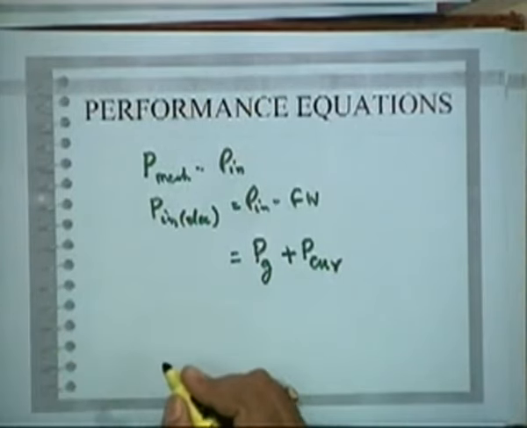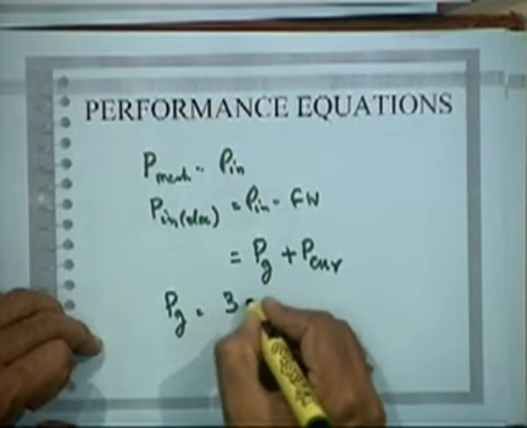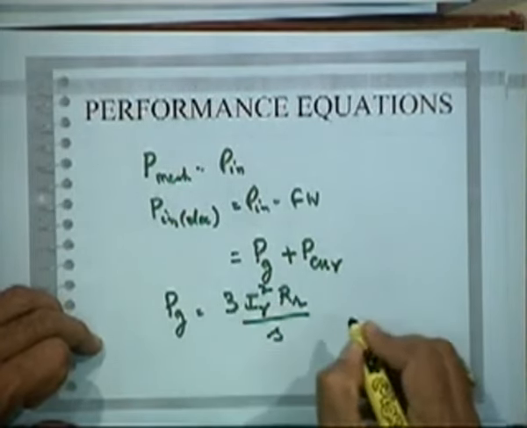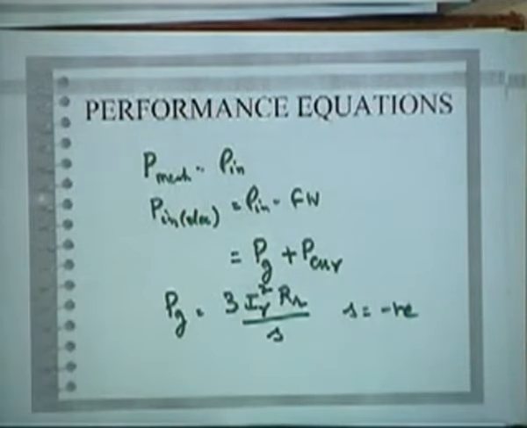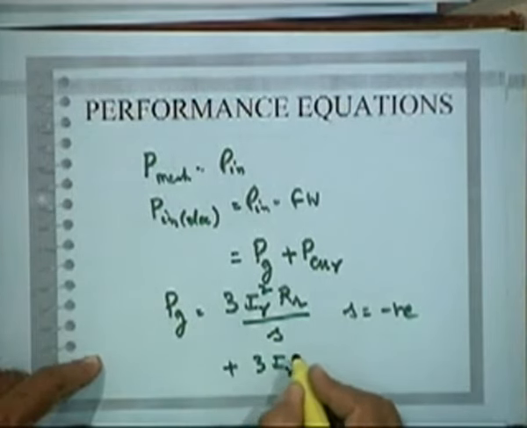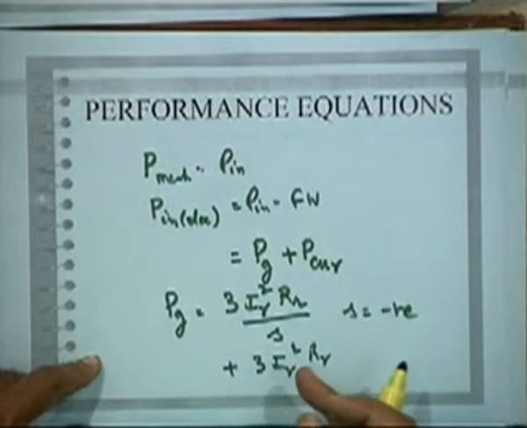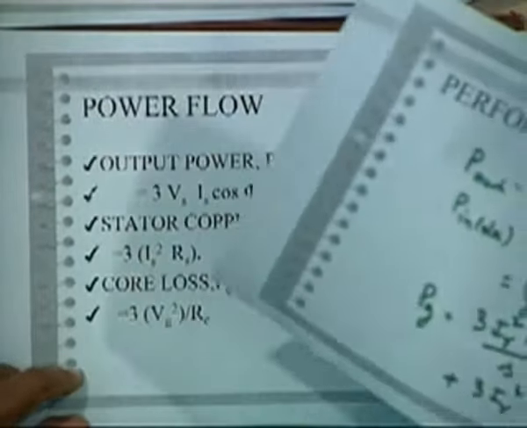This is whatever is the gap power plus this. Now gap power will continue to be 3 times IR square RR by S, where S is negative. So for the gap power, you have to add 3 times IR square RR, that will be the rotor copper loss, or S times. Now S is again negative, so you have to take appropriate conventions accordingly, okay.